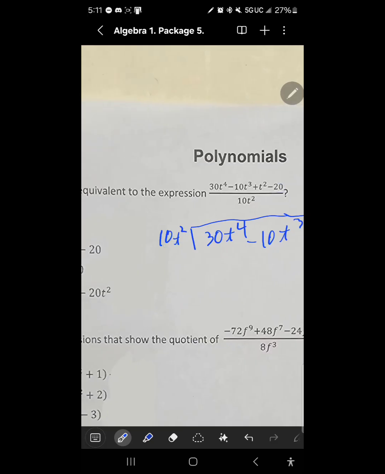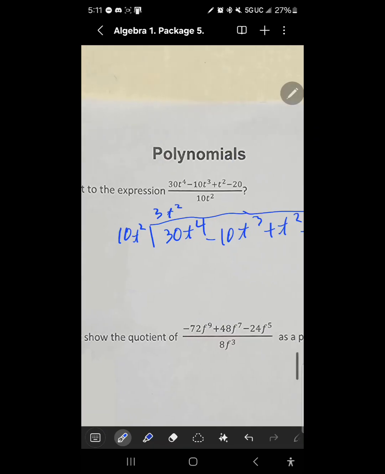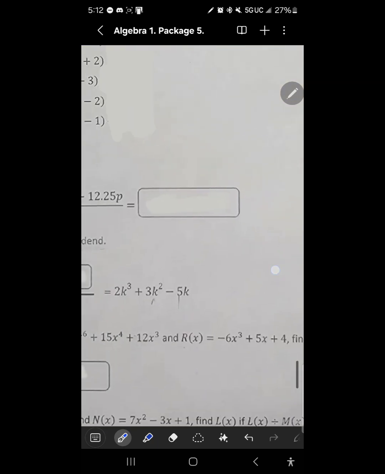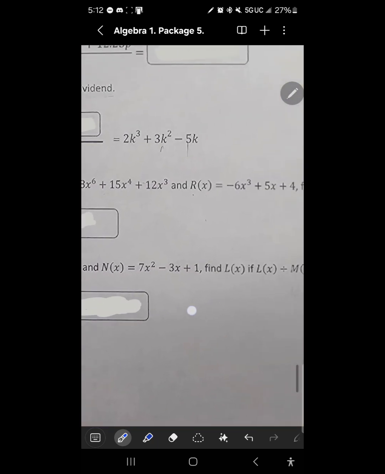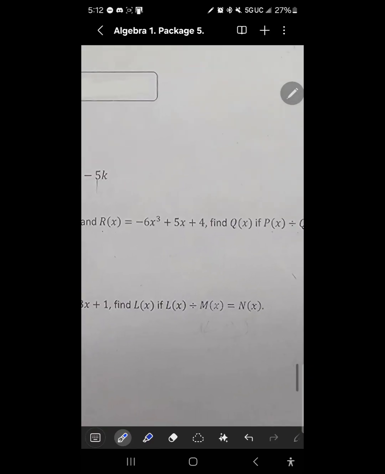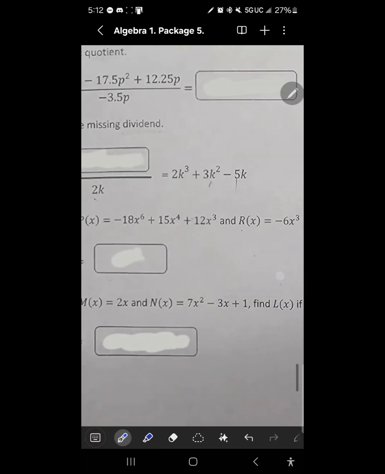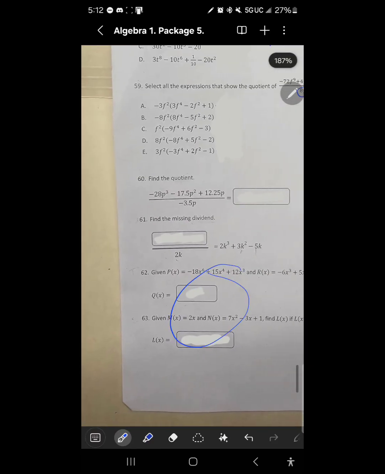So 30 divided by 10 is 3, t4 divided by t2 is t2. Yeah, this is just repetition, as long as we're divided by only one thing. This is when you start the complicated ones, when you start to understand why I did that.